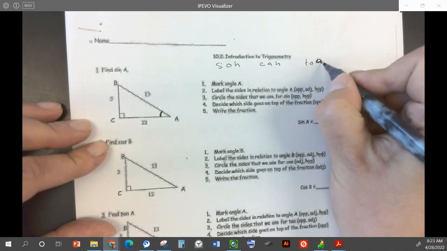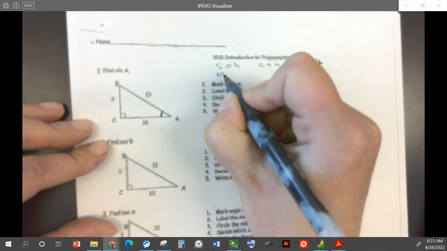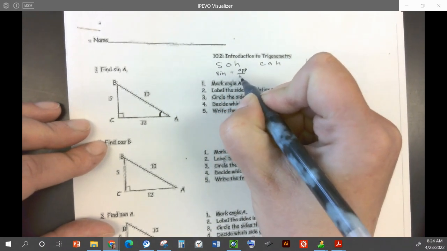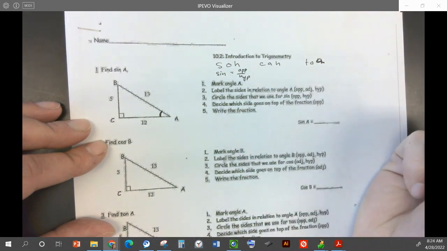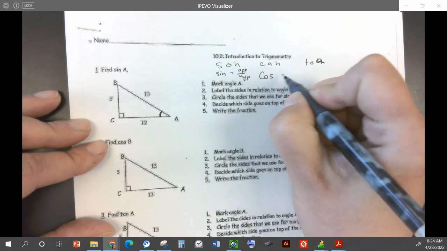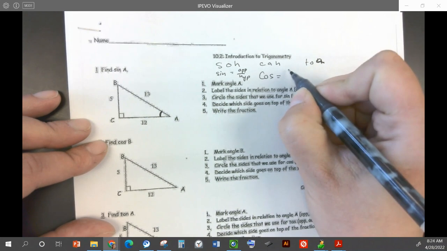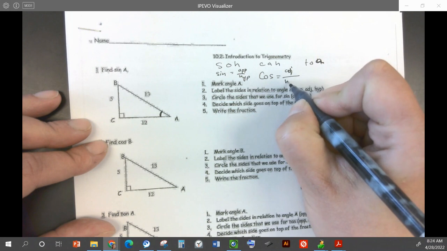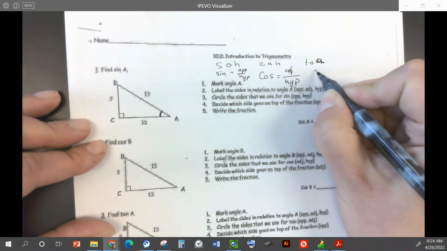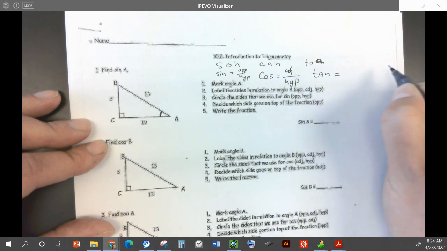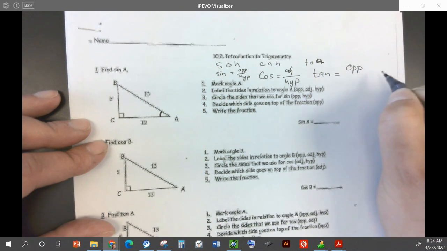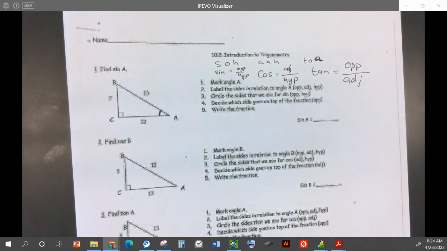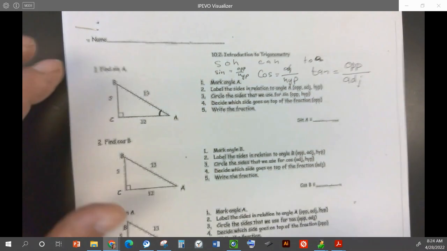And this means that the sine of the angle is the opposite over the hypotenuse. The cosine of the angle is equal to the adjacent side over the hypotenuse. And the tangent of the angle is the opposite over the adjacent. So that helps me to know how to do these.